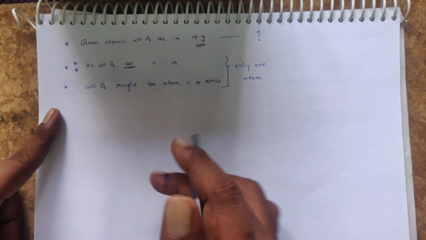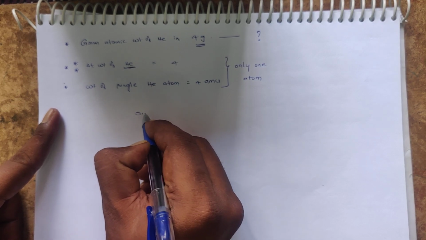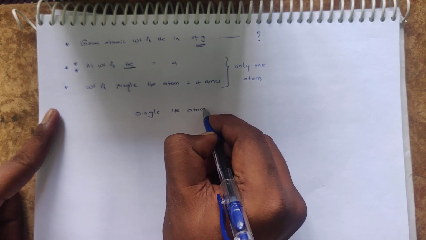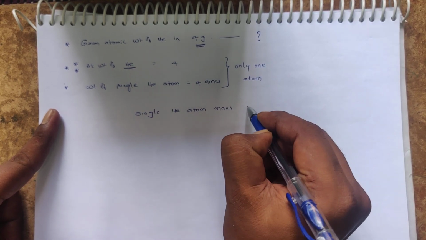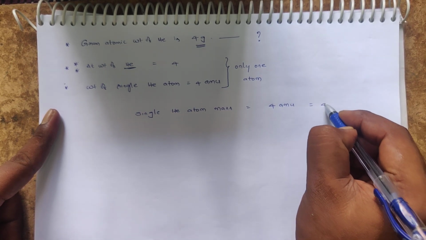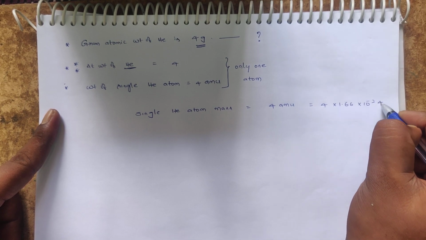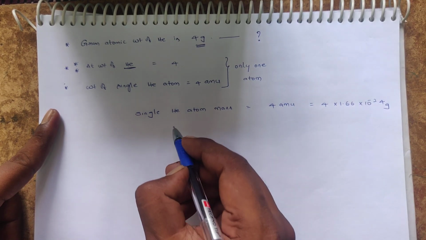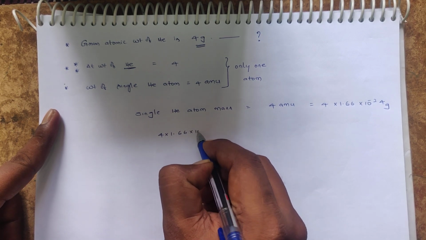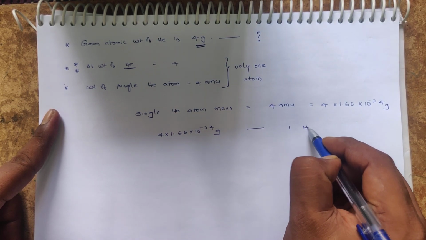We know that a single helium atom mass is equal to 4 AMU, means 4 into 1.66 into 10 power minus 24 grams. So these many grams, that is 4 into 1.66 into 10 power minus 24 grams, is equal to 1 helium atom.